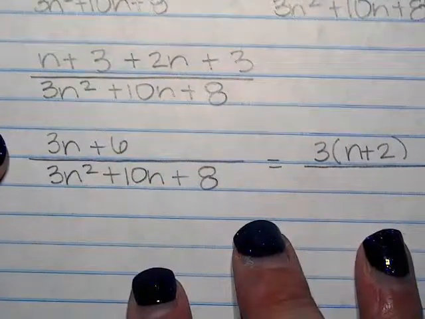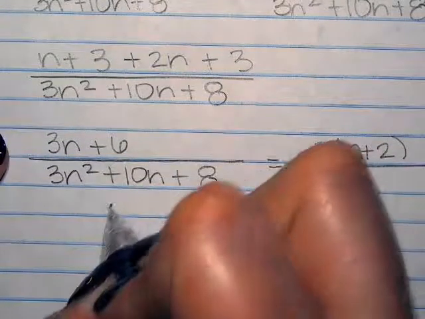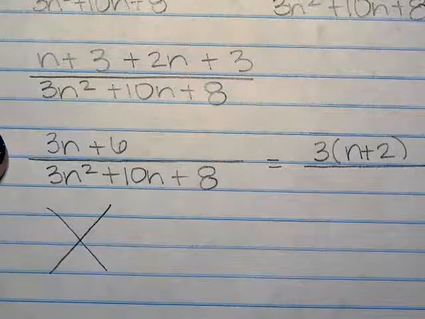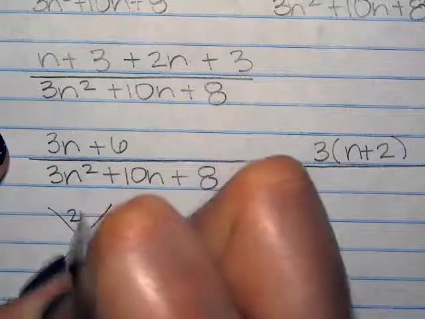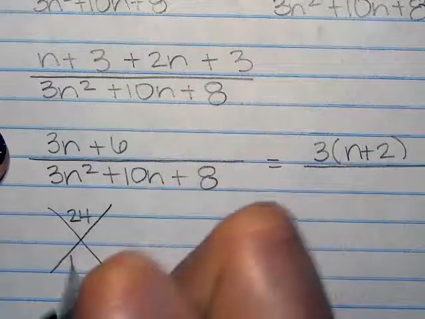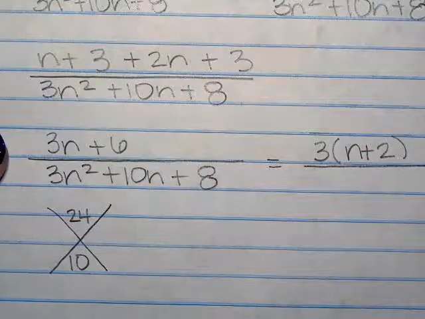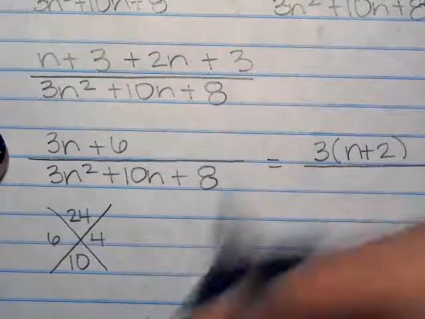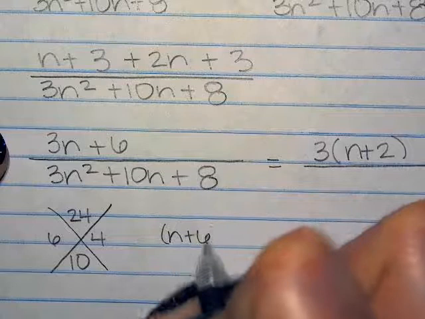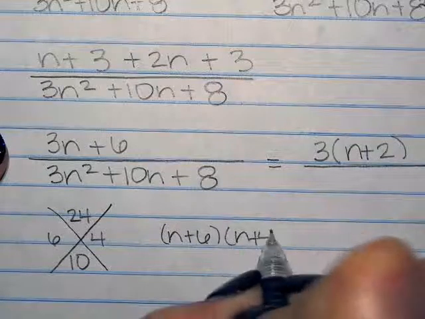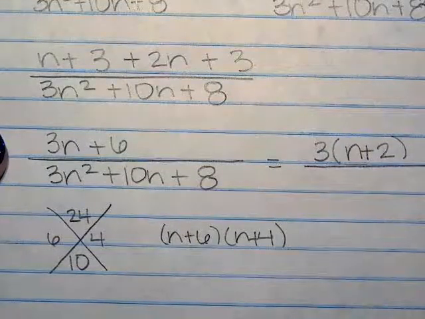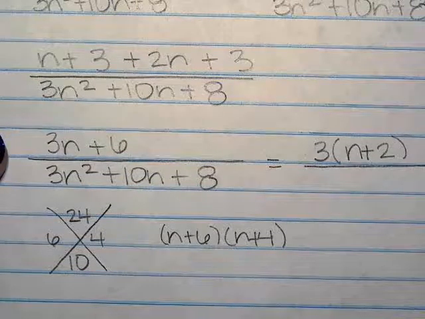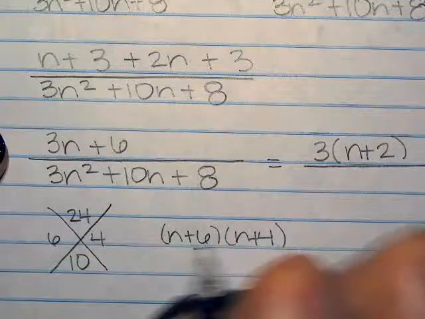So when we do the slide divide for the bottom, we get 3 times 8, so we're multiplying to 24, adding to 10: 6 and 4. Then divide by 3, because that's what we slid by.